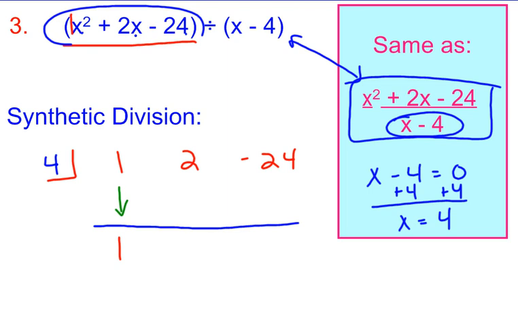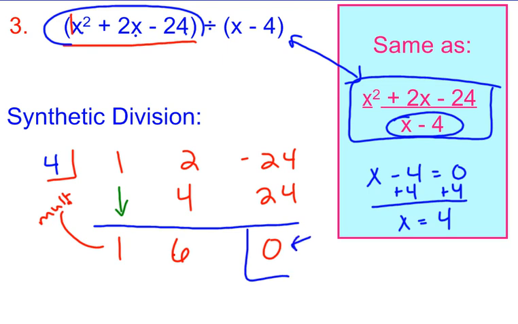From here, I take 1 times 4, so I multiply here, and I get 4, so I put that 4 right here. So 1 times 4 is where that 4 came from. I then add this column here. 2 plus 4 is 6. So then I take and I multiply 6 times 4 to get 24. Then I add, and I have a 0. And we will do several of these, so if that pattern is confusing to you, you're fine.